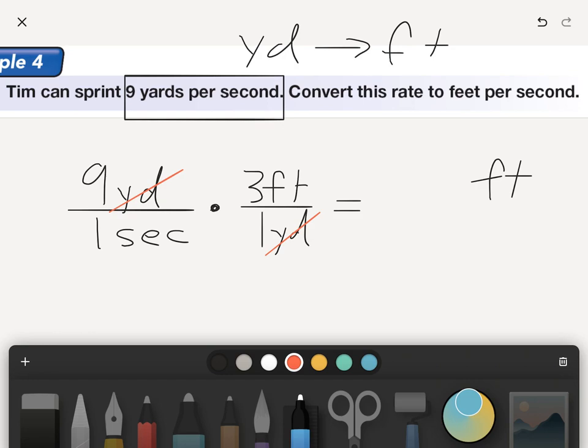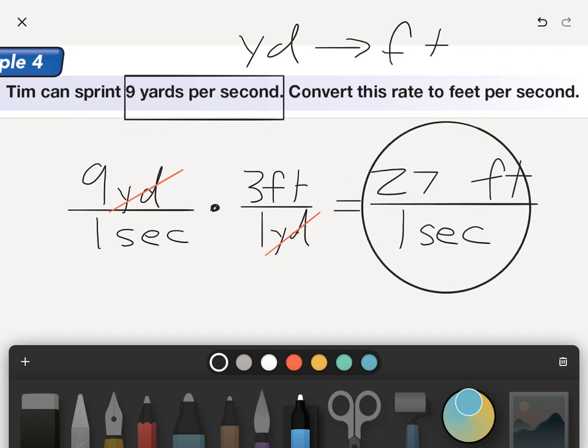And so now it's 9 times 3 is 27. And my feet just carry over here to the end, and then 1 second times 1 is just 1 second. And so now we've got a new rate. This is basically saying 27 feet per second.